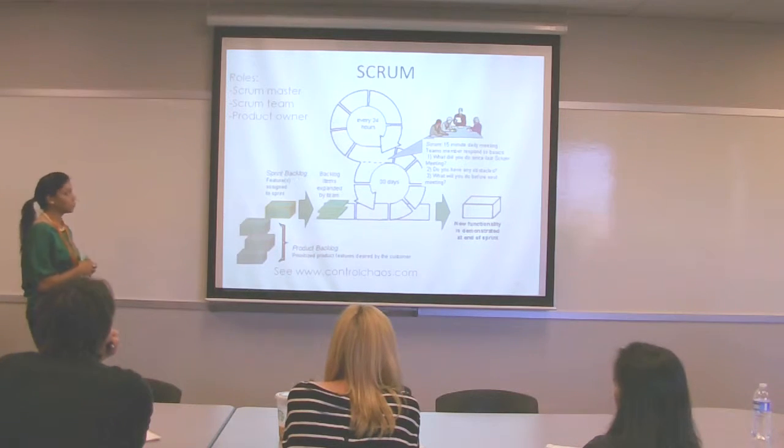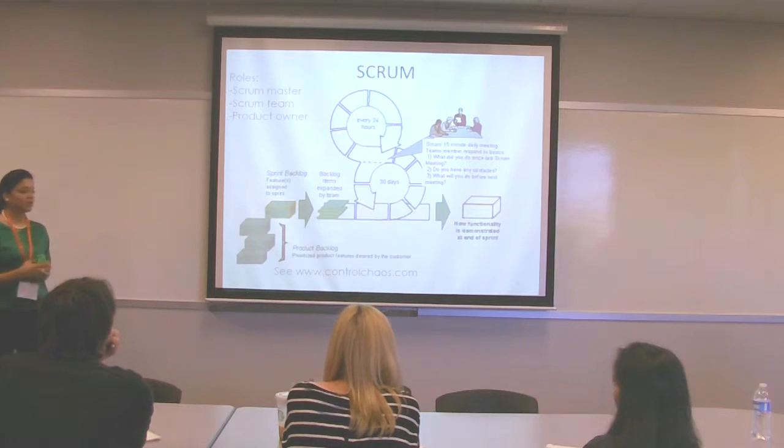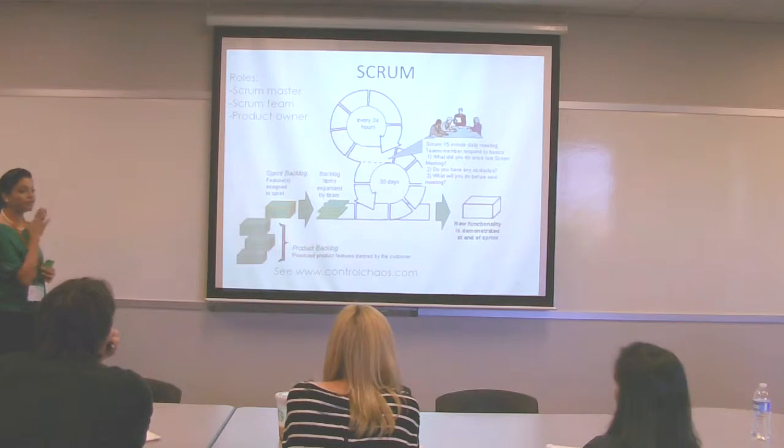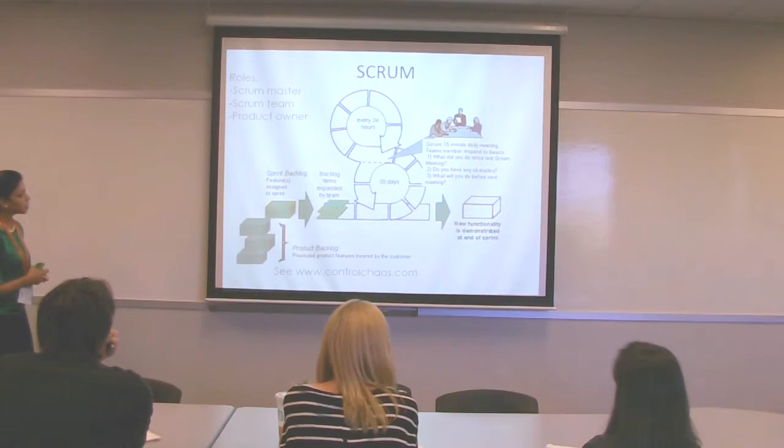So most of the companies go for Scrum. In Scrum, as you know, we have 3 roles: Scrum Master, Scrum Team, Product Owner. We're not going to go into any of this in detail because this presentation is not on Agile. The presentation is about testing in Agile, or Agile testing.